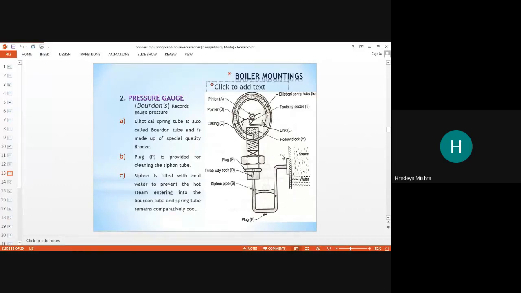By increasing or decreasing the pressure, it shows whatever the pressure of steam is in the steam container. So we can identify whether pressure is sufficient or more than required, and we can release the steam to reach the optimized position of steam in the boiler.